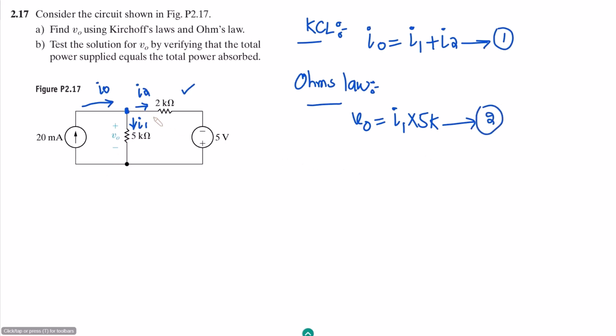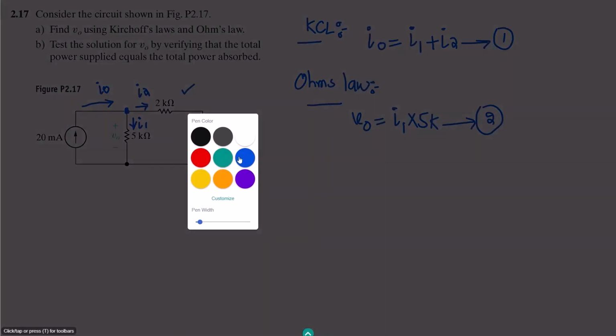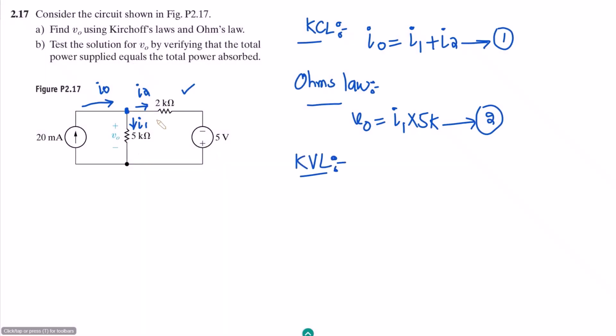The third one, let me consider this overall branch and apply the KVL. If we call the voltage drop across this one plus minus V2K, and the voltage here, let me call it V naught, because this is given, and this is V2K.